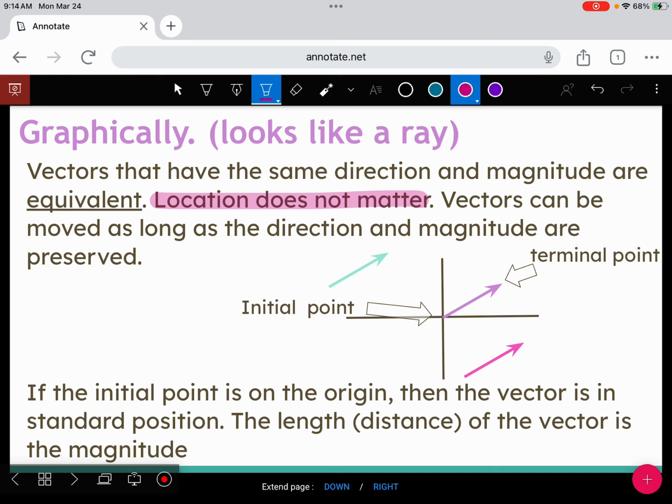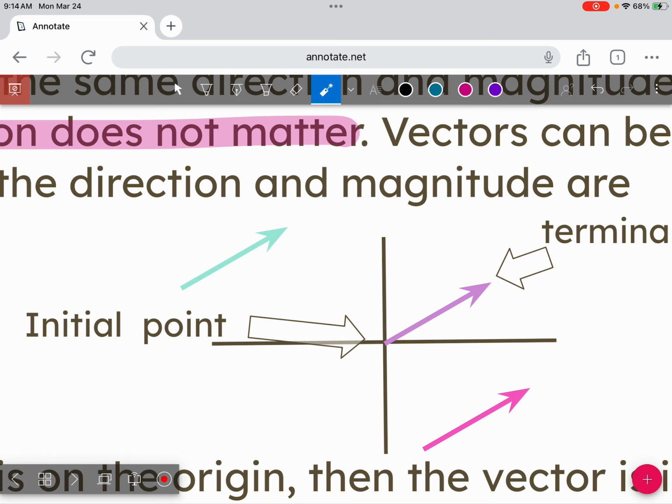We typically set them up at the origin. So this is our initial point. This is our terminal point. The distance, if we were to measure that, this distance is our magnitude. So it's all about that distance.